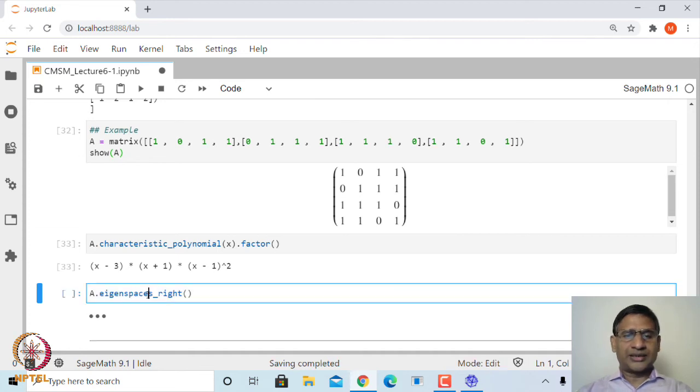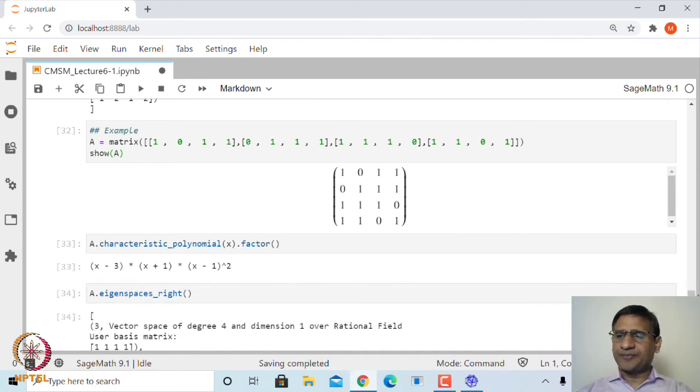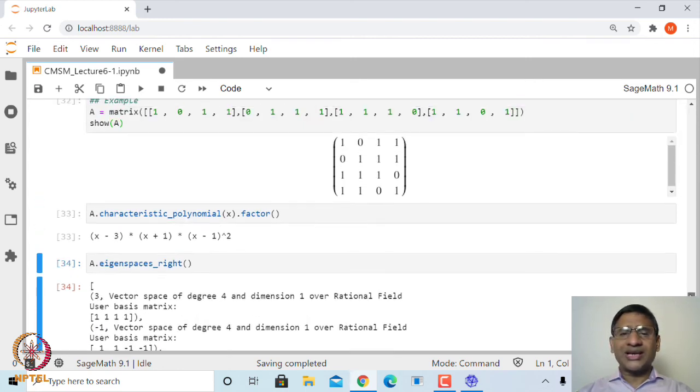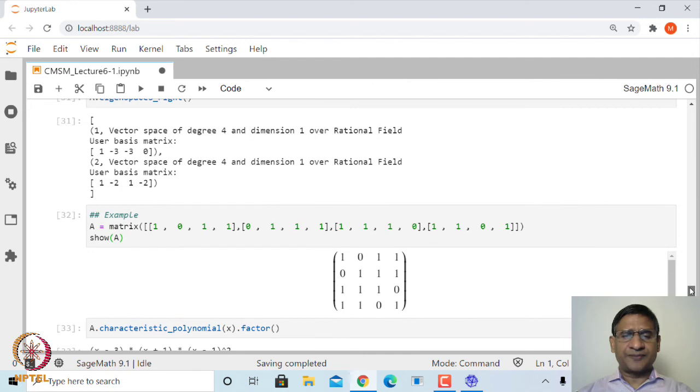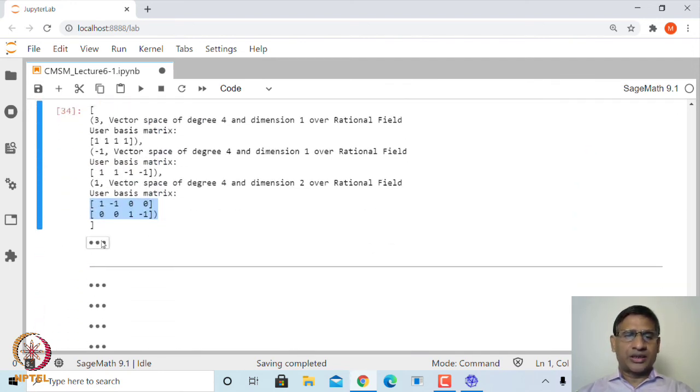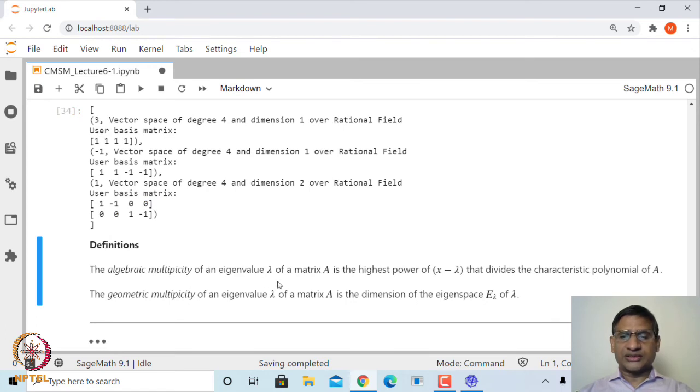If you look at the eigenspaces, the dimension of the eigenspace with respect to eigenvalue 3 is 1, with respect to minus 1 is 1, and with respect to 1 is 2, which is the same as the algebraic multiplicity. One can show that algebraic multiplicity is always greater than or equal to geometric multiplicity, and they need not be equal.